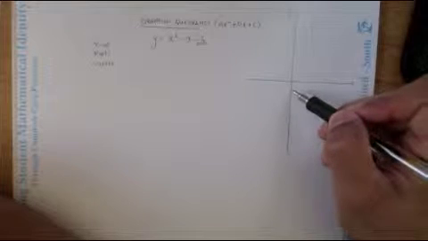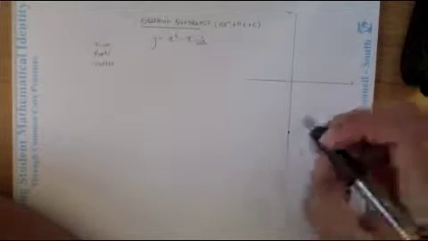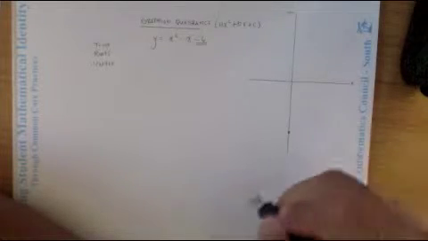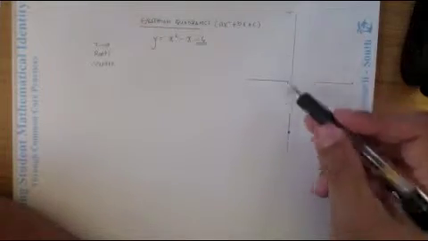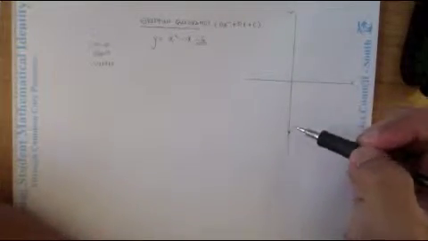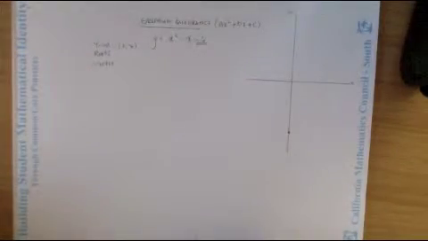So if I start here, we have 1, 2, 3, 4, 5, right about here. That is my y-intercept, so I already have a reference point about where this graph is going to cross. That was very easy. And remember, this is the point (0, -6).